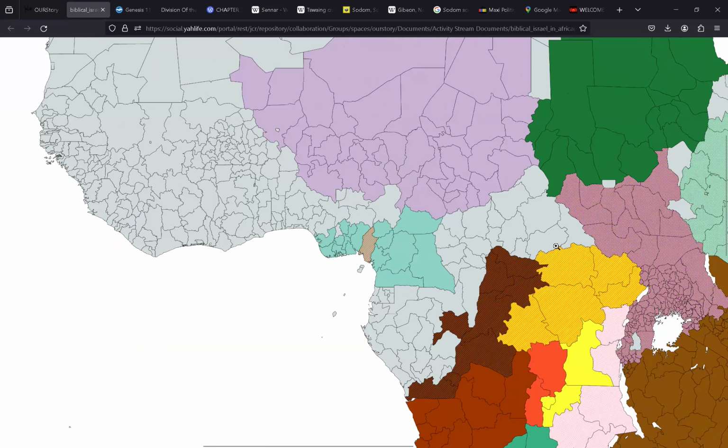And one of the things I learned while I was there is that there is a lot of folklore, stories, and history that says that Noah's Ark landed on Mount Cameroon.